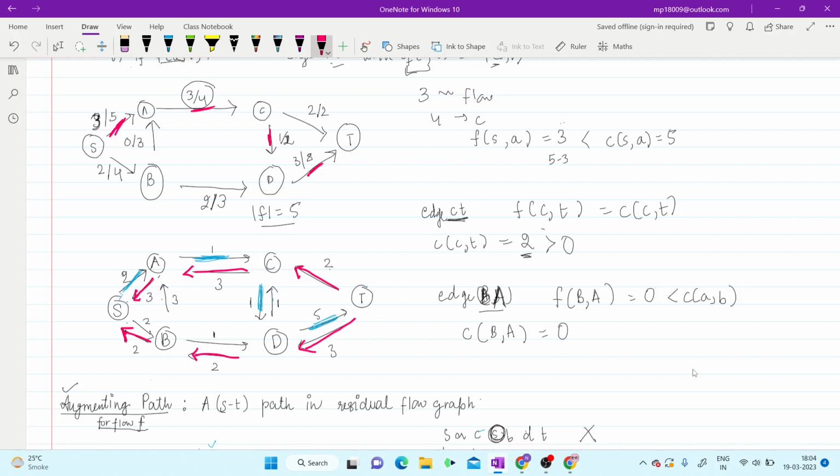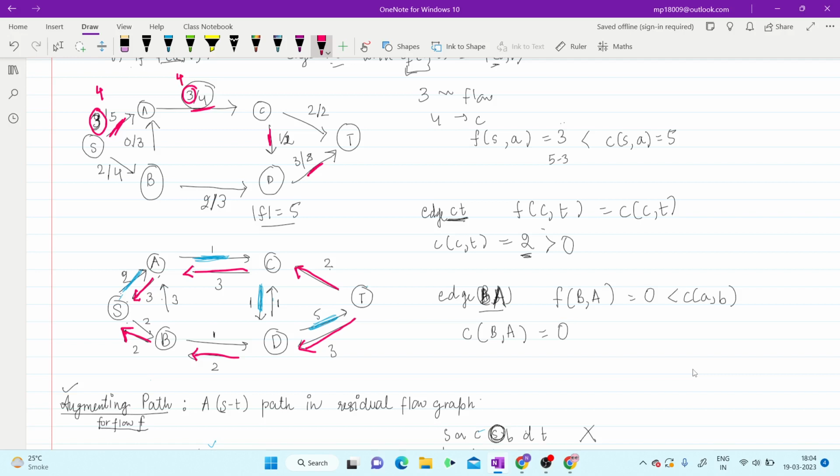In this augmenting path they are all in the same direction. So to construct a new flow, we change it with the path capacity, which was 1. So the new flow in this will be 3 plus 1, which is 4, and this will also be 3 plus 1, which is 4, because the direction is also the same.